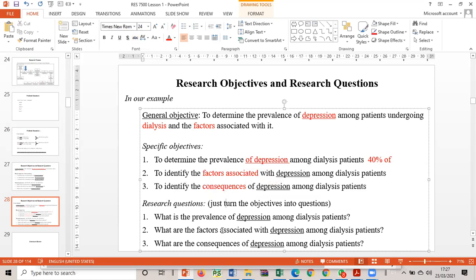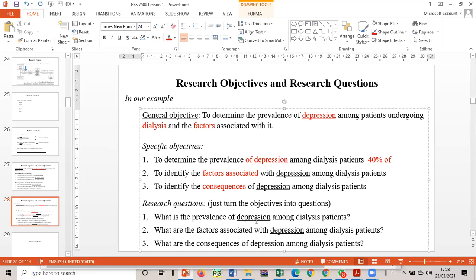They don't go for their treatments. So consequences, right? Non-conformance to treatment, to the drugs, whatever it is, food. All these will lead to poor outcome among the dialysis patients, even lead to suicidal ideation.